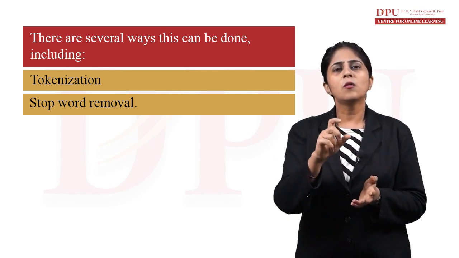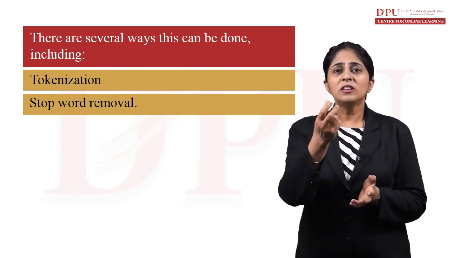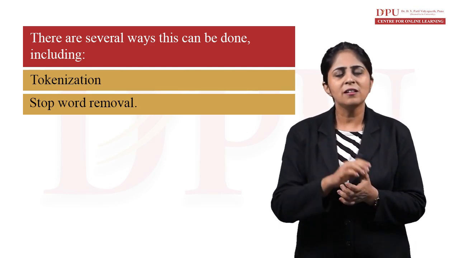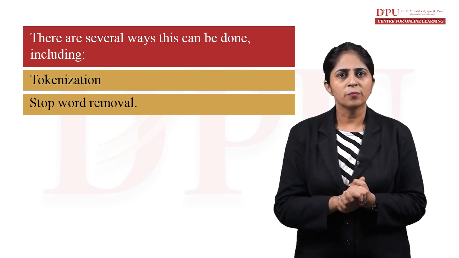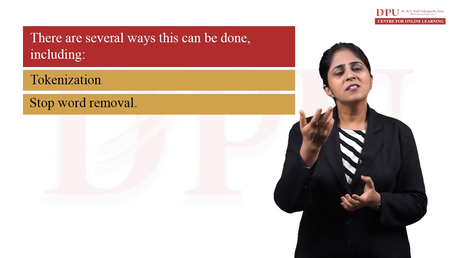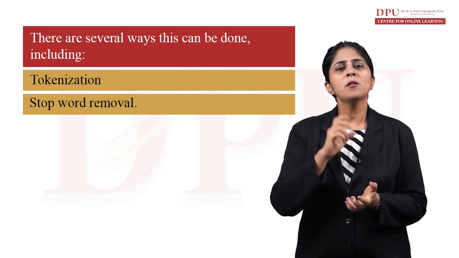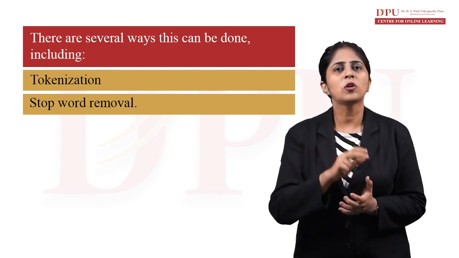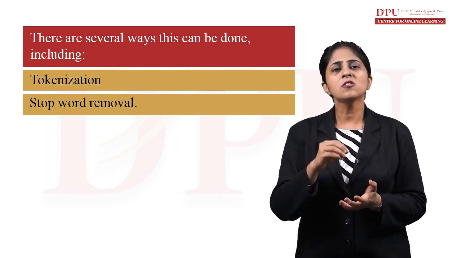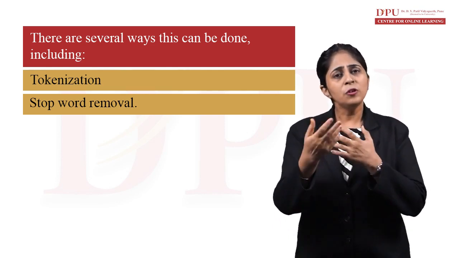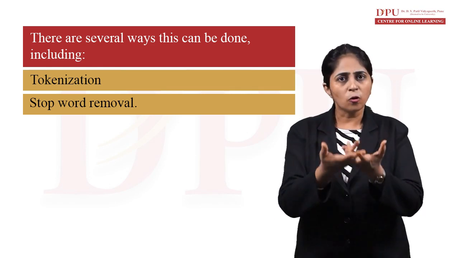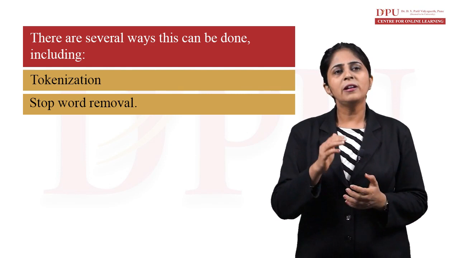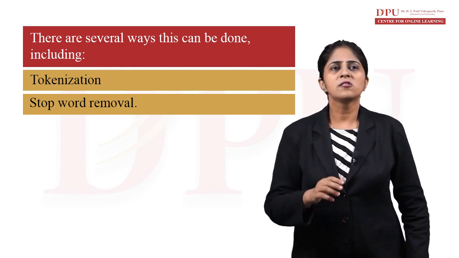There is an unimportant word which will not provide us with any result related to tokenization. What is the most important or unique word there? It is tokenization. So this is called stop word removal. A few unimportant words that might not be useful in producing the results will be removed.